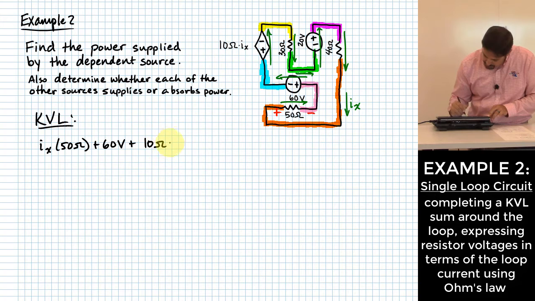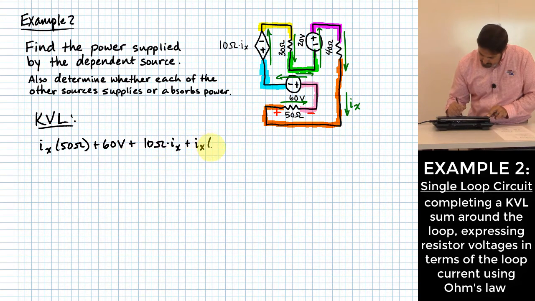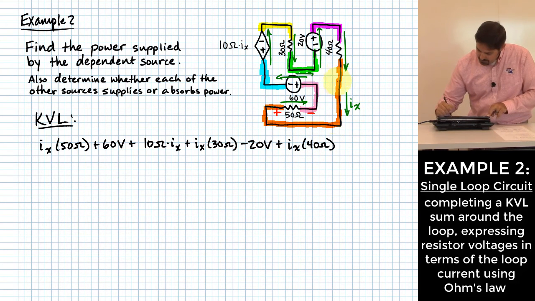Plus 10 ohms, IX. Then what? Plus IX times 30 ohms. All right, that would be the next one. Then I go over here. How do I count the 20 volts? Minus 20 volts. Then I go to the 40 ohm. Then I go into my orange node down there. Do I have anything else?